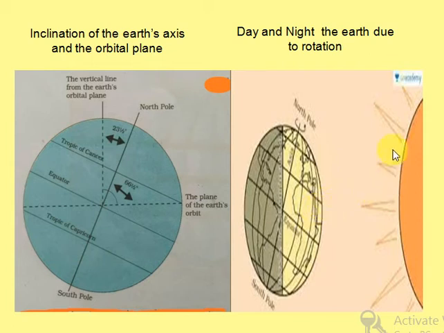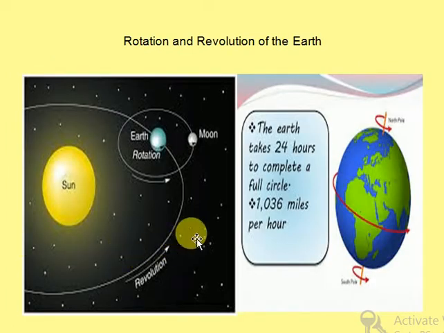The movement of the earth round the sun. Look at this figure. The movement of the earth round the sun is called revolution, and rotation around its axis is known as rotation.